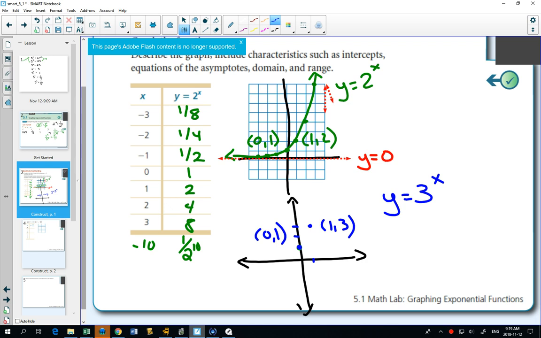What point do you think you'll have with 4 to the x? 1, 4. And 5 to the x will have 1, 5. I mean, you could think about a table of values. I could label another one. The next one up here would be 2, 9. It's going to have the asymptote at y equals 0 as well. And we have our parent function graph for y equals 3 to the x.